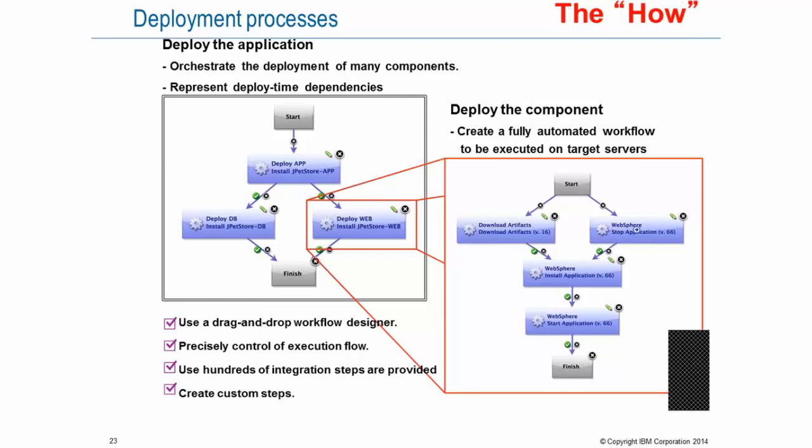So the component process is specific to the technology it's deploying to, the platform. Okay. And that's the how. And there's a drag and drop workflow editor, designer, which controls the execution and creating the various custom steps. Next slide.